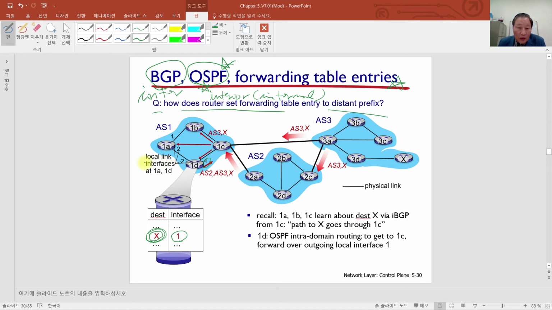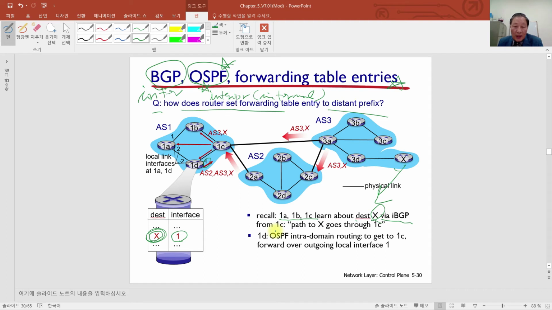Okay, local link interfaces at 1A, there is 1 and 2, and also on 1D, there are 1 and 2, the interface port numbers, physical interfaces. And recall 1A, 1B, 1C. Those are learning about destination X, X is here, via iBGP from 1C, as we learned already in the previous slide.